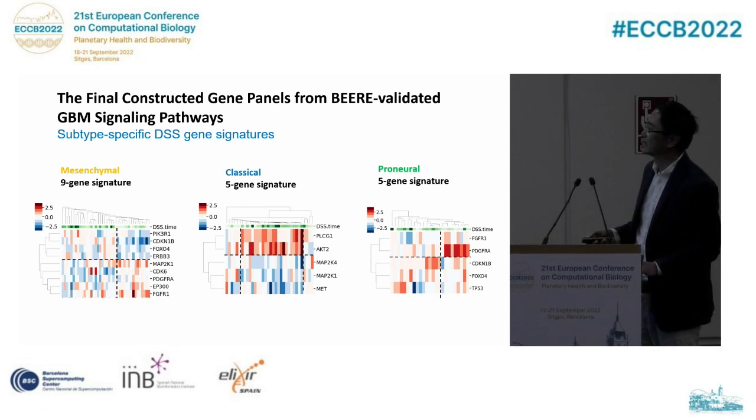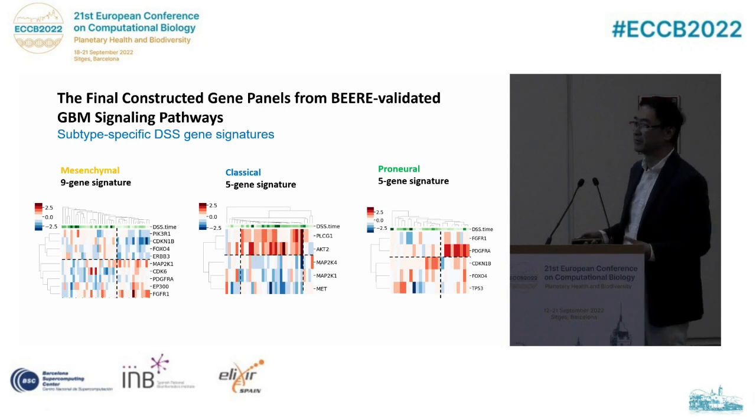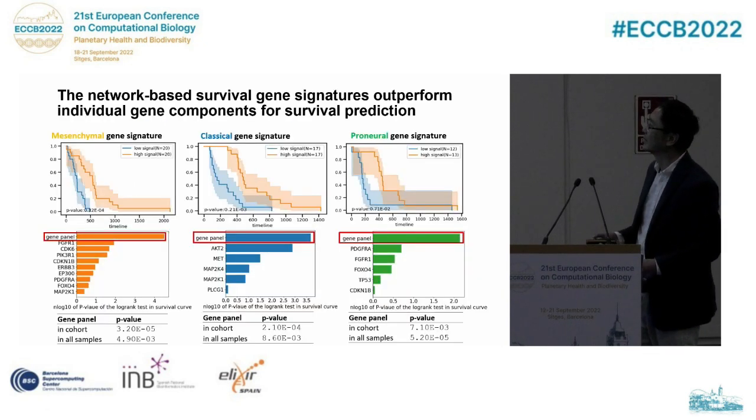And many of the things that we have found here, I don't have time to cover, but we actually can find a mechanistic link of these signatures to the disease. And if you read the literature, many of them cannot be validated. And the performance is pretty decent. The overall ones beat each of the individual genes if you want to do the survival curve analysis.